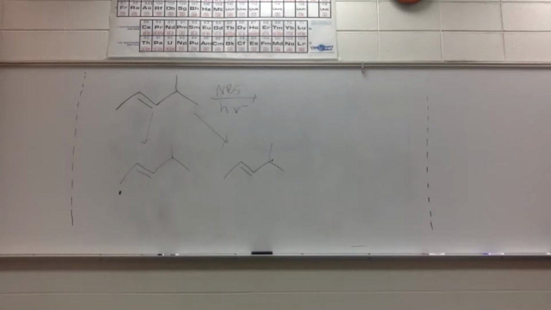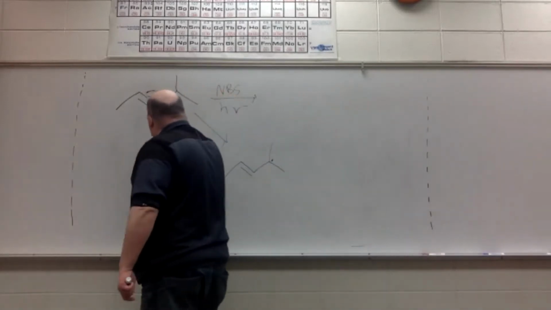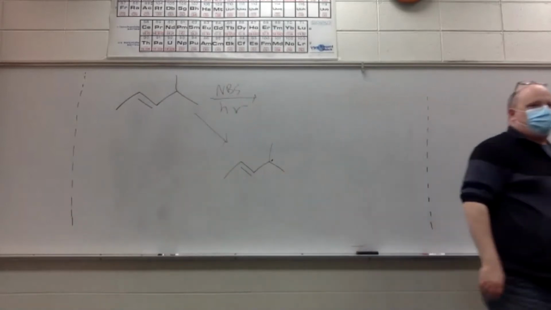The right one. Yeah, remember, bromination is selective. It goes through the most stable radical that it can initially form. So you have a choice here. However, because this one is the most stable one, that's the one that initially forms.